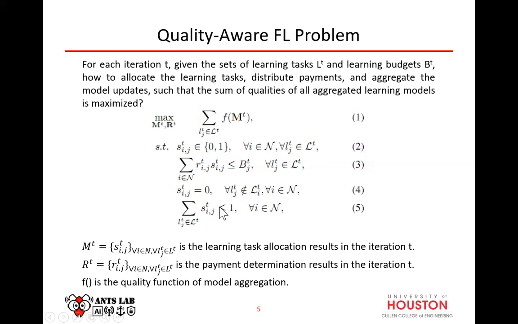The constraint 5 means that each node can participate in at most one learning task. Yeah, I understand that one. And constraint 4 limits the learning tasks that each node can participate in. For example, there are 3 learning tasks, and we understand the mathematical language there, but we're trying to say, do they limit the learning task set for each global round for a particular node?